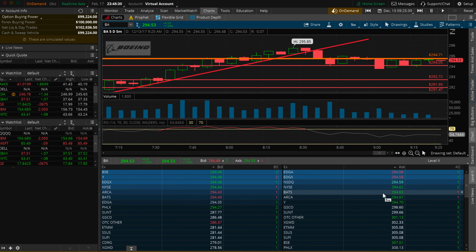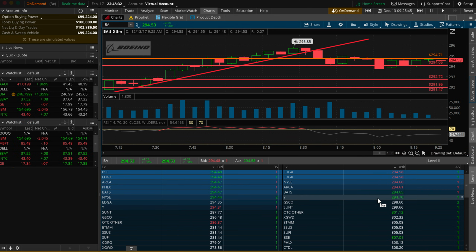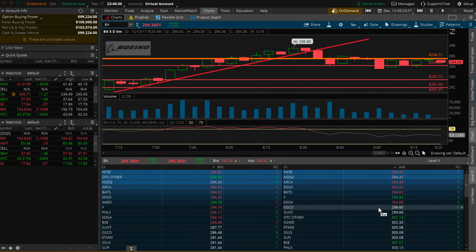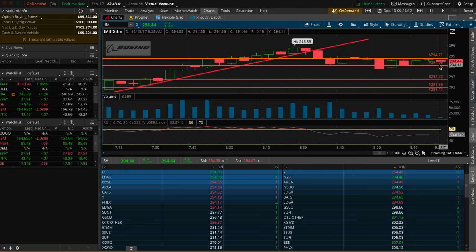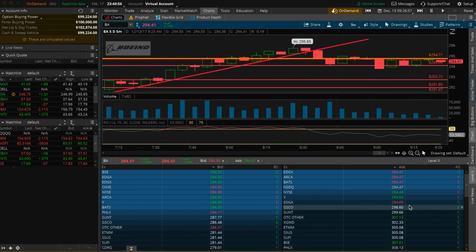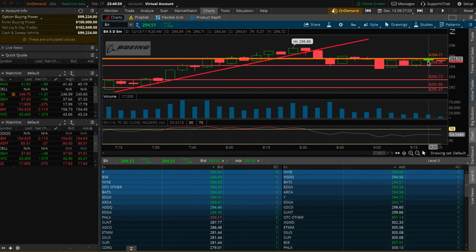So, finding resistance right here. Level 2 doesn't say anything, but there's big sellers at that level, and we could see it by the price action.